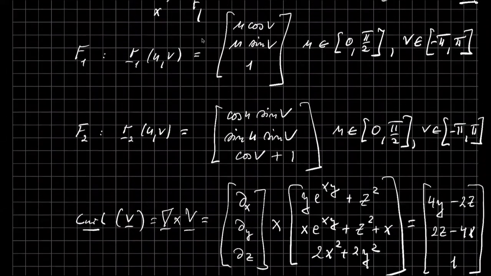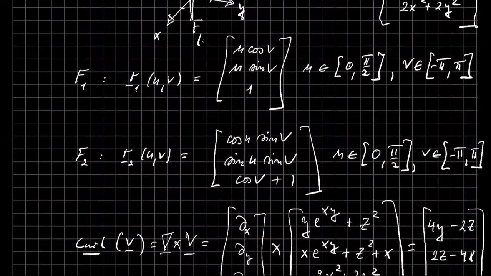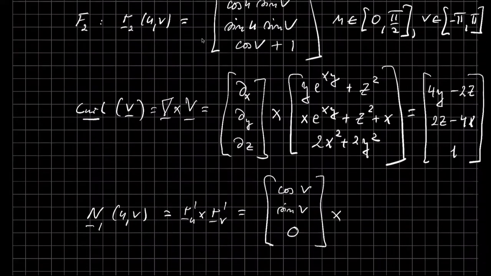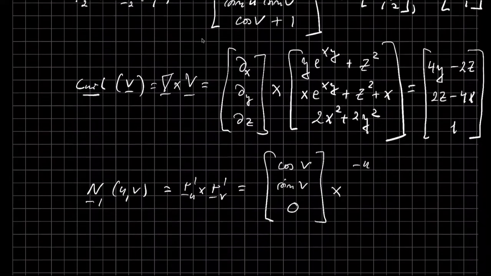And when you differentiate with respect to V, you get minus U sine V, and then you get U cosine V and 0.